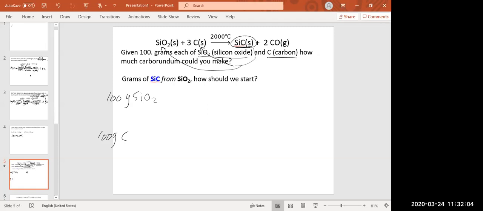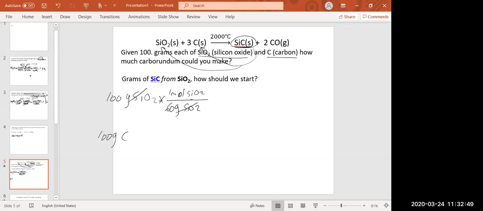So let's start, for example, with 100 gram SiO2. Now times the molar mass of SiO2. So here will be 1 mole SiO2 divided by the molar mass of SiO2, let's say 28 plus 2 oxygen 32, will be here 60 gram approximately SiO2.